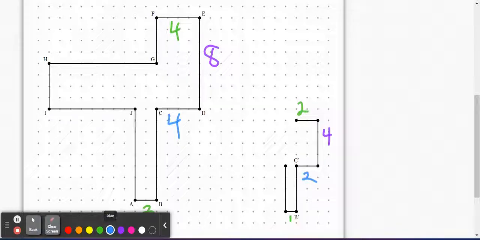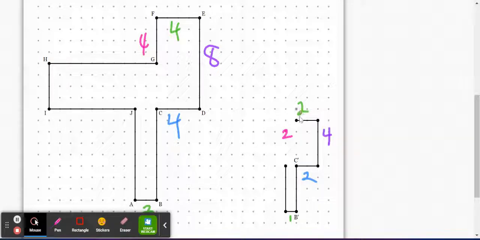All right. What we got? Running out of colors here. So this is 4. So again, half of 4 is 2. And then connect those. Boom, boom, 1, 2. And 1, 2, 3, 4, 5, 6, 7, 8, 9, 10.